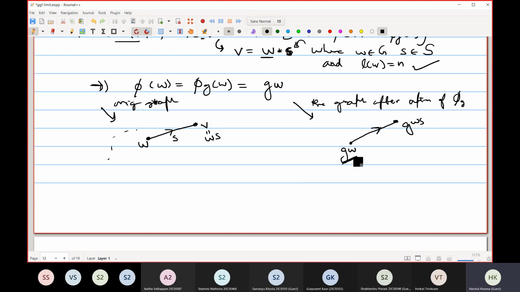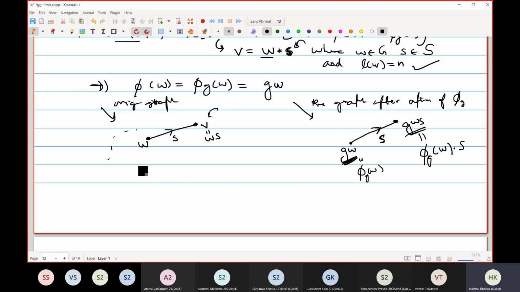GW is an element of the group, GWS is an element of the group, and they differ by one generating set element, which is S. So there exists a unique edge coming out of W with label S. This goes to V, and there exists a unique edge going from GW, which is equal to phi G of W, with label S. So this goes to phi G of W times S.